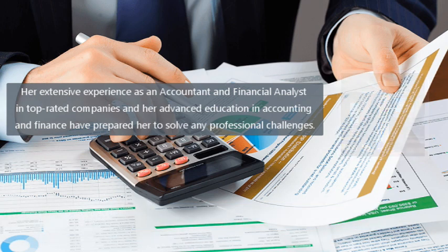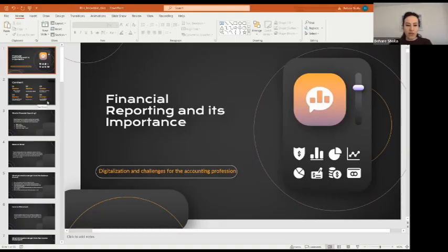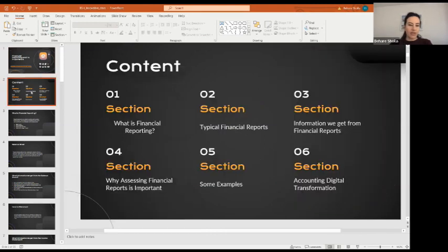Great. Okay, so I'll present the content of this presentation. It's about understanding financial reporting, the typical financial reports that are used, what kind of information we get from financial reports, and why analyzing and assessing financial reports is important.